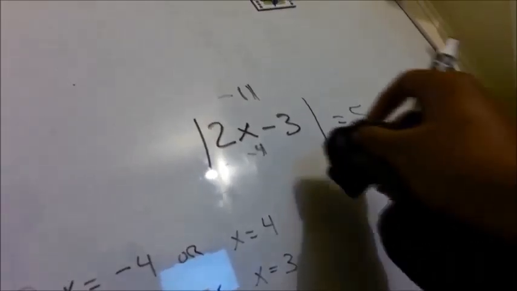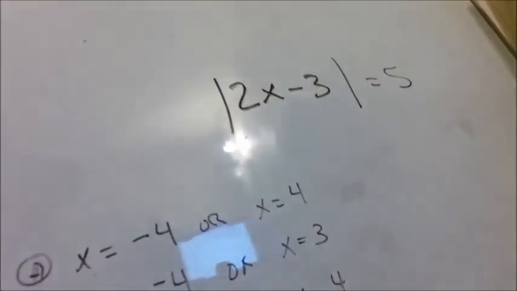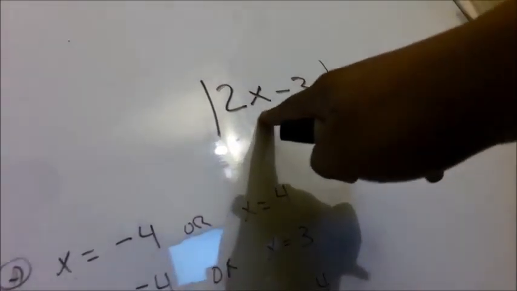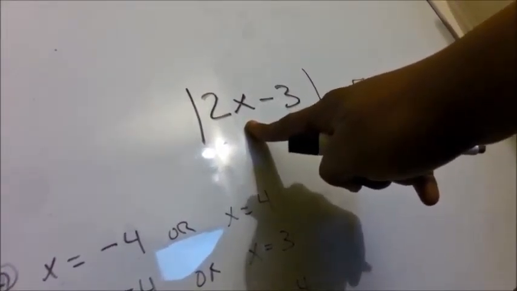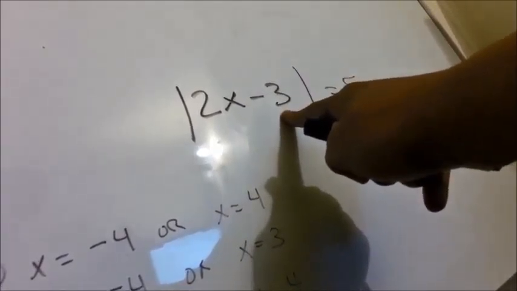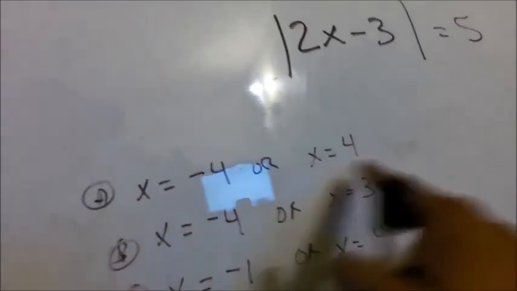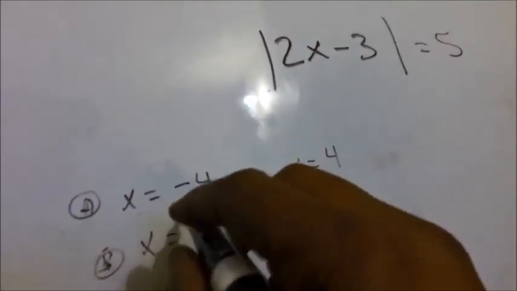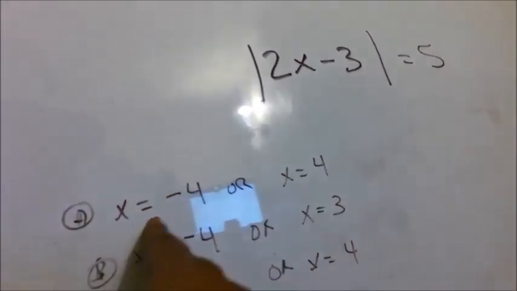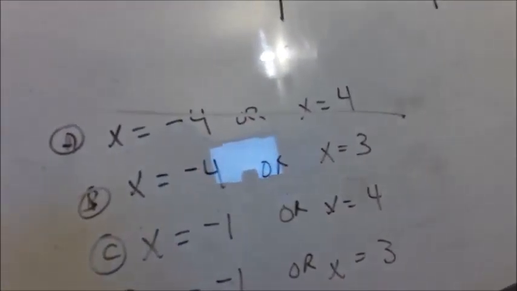But if you wanted to go the full distance, and I'm sorry, I lost my eraser, so I'm using an old sock, if I plug in 4, then 2 times 4 is 8, minus 3 would be 5. That works. But both of these have to work. So the negative 4 did not work, so we can cancel out this answer.